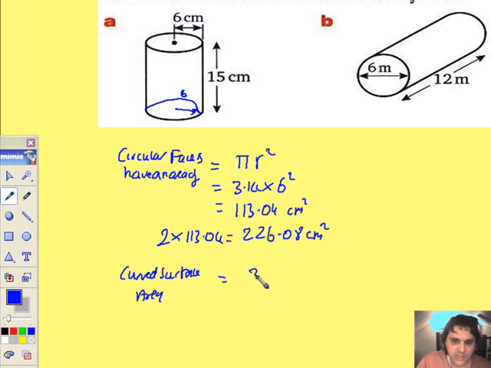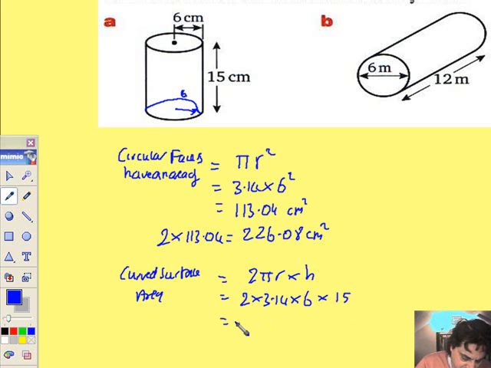Remember the rectangle? It goes 2 pi r, then we multiply that by the height of 15. So here we go. 2 times 3.14 times the radius of 6 times the height of 15 centimeters.